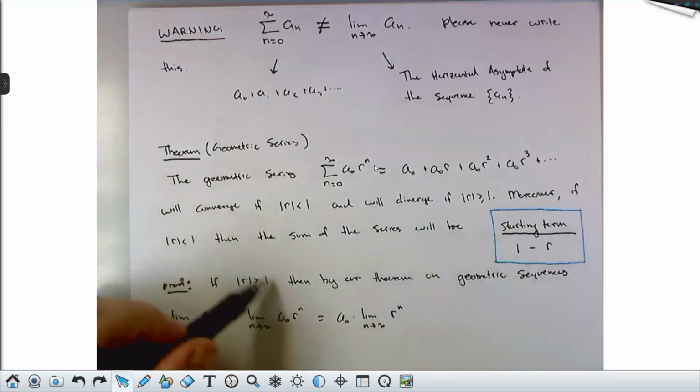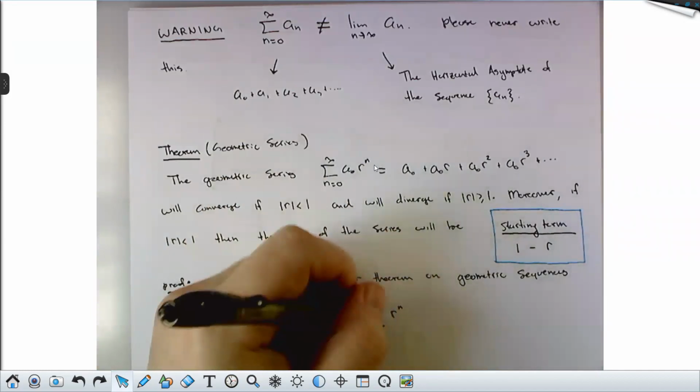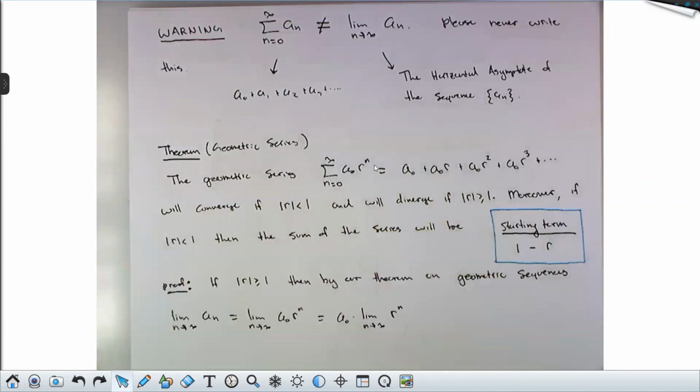Remember, if this absolute value is greater than or equal to 1, then this limit right here, the r to the n limit, is not going to be 0.